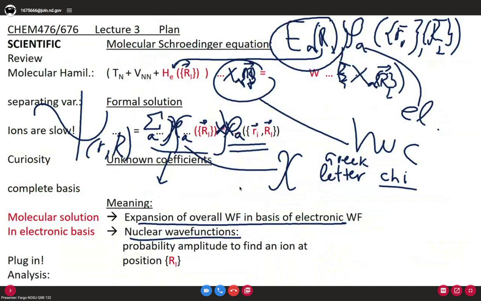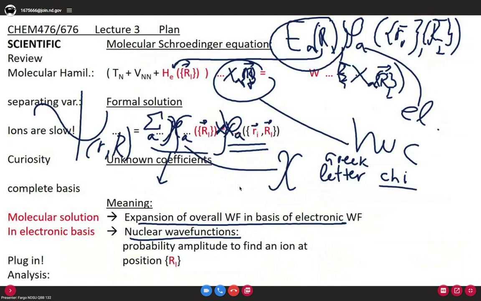But when we look at it as scientists, we immediately discover that chi sub a will be a wave function of quantized nuclei. When we solve it for the ground state, it will be like a Gaussian around the centered position where the nuclei should be.